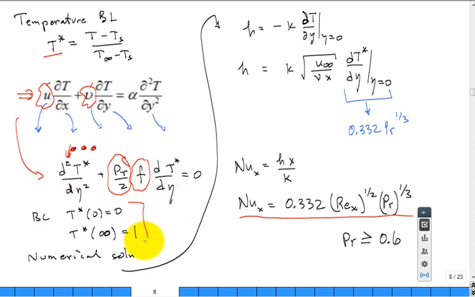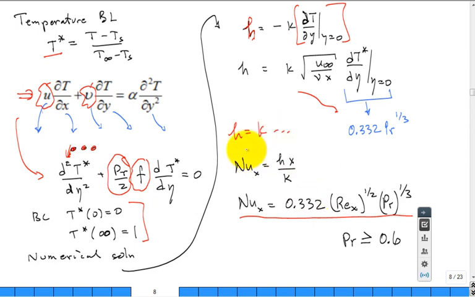You have boundary conditions. You go and get the numeric solution, then you say, great, I got a numeric solution, what do I want to do with it? How about getting h? Well, if you want h, I need to get this derivative at the surface. The numeric solution allows me to calculate that derivative, and hence h is equal to k dot, dot, dot.